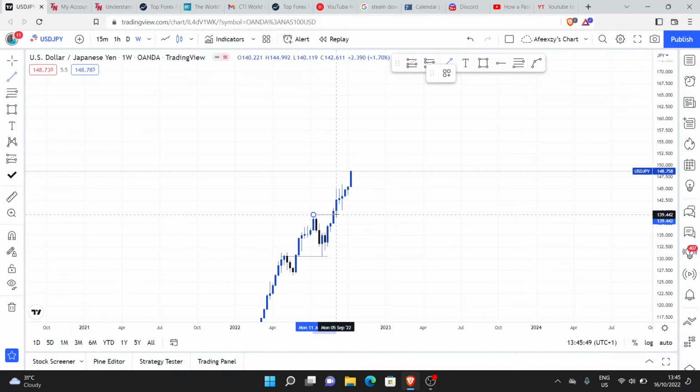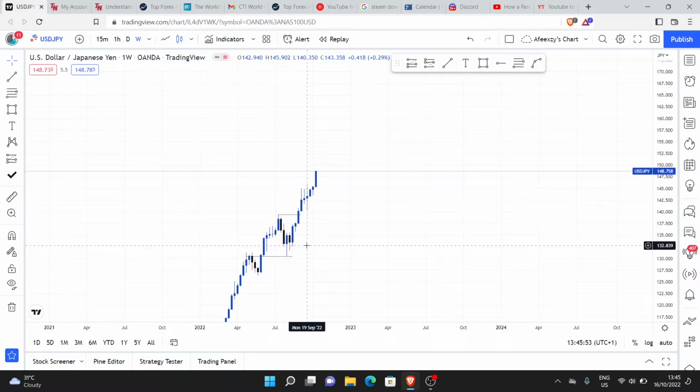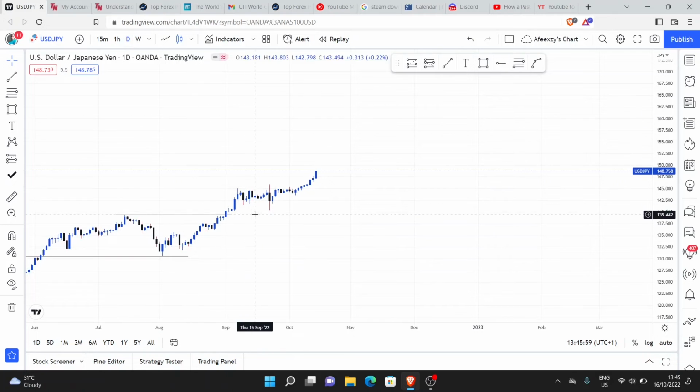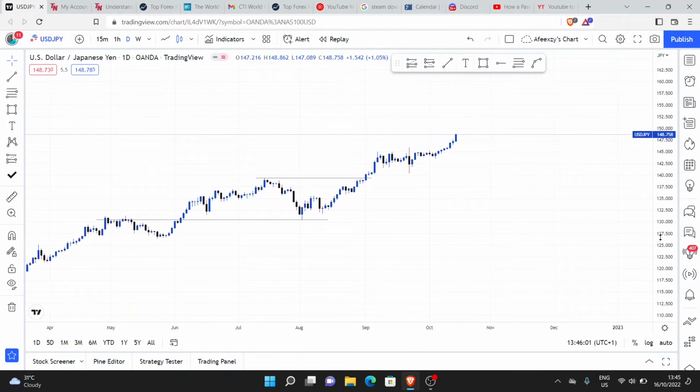That is, it's making higher highs. Also, you can see that this week closed extremely bullish. That is, the last week candle closure is extremely bullish.